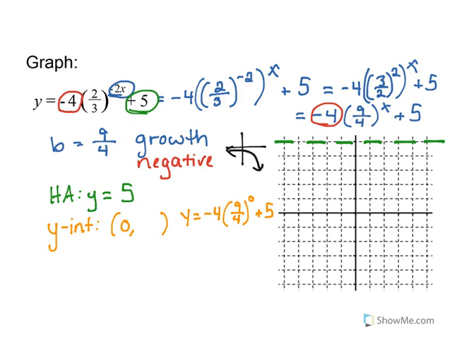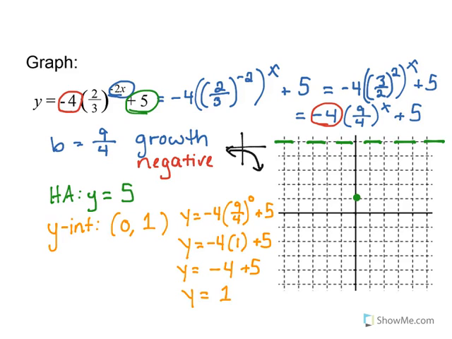Any number to the 0 power is really just a 1. So I have y equals negative 4 plus 5, which is y equals 1. So the y-intercept this time is (0, 1), which will fit on our graph very nicely. So (0, 1) is right there.